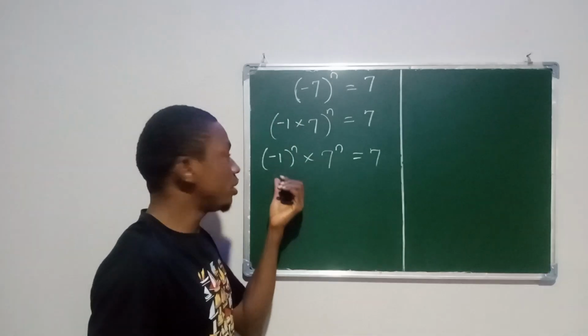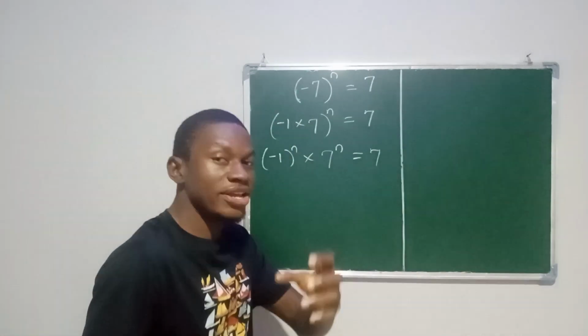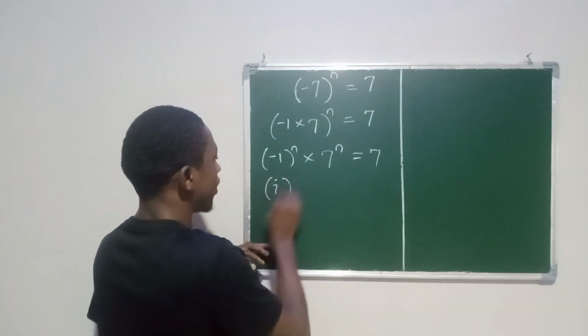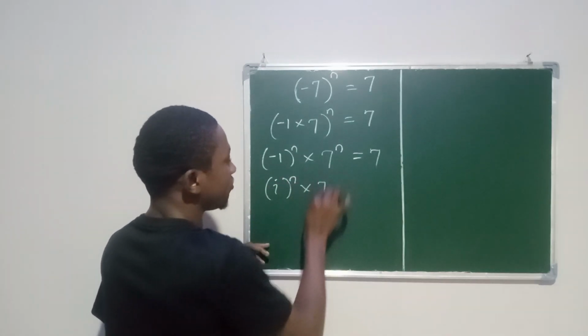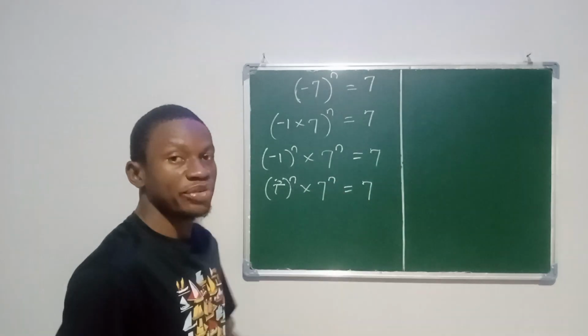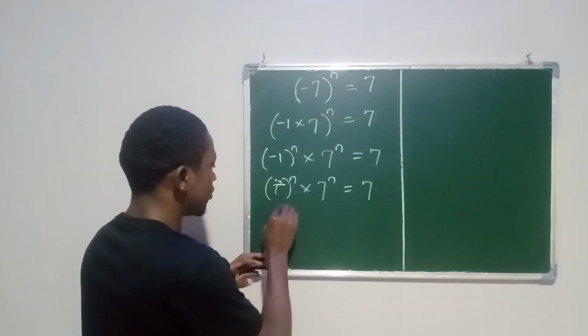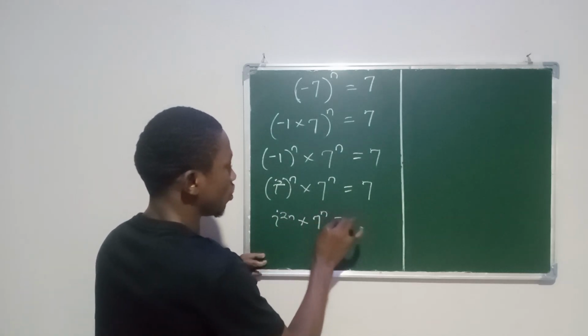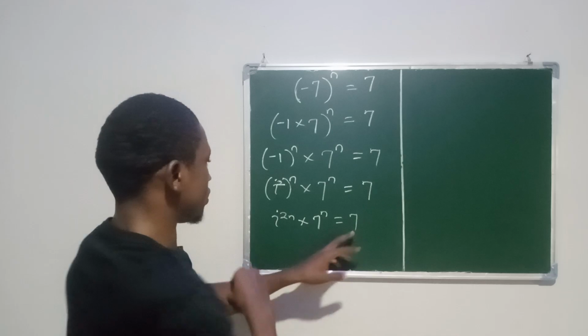So minus 1 here can be replaced with i squared. So we have i squared raised to the power of n multiplied by 7 raised to the power of n is equal to 7. We can further have i raised to the power of 2n multiplied by 7 to the power of n is equal to 7.